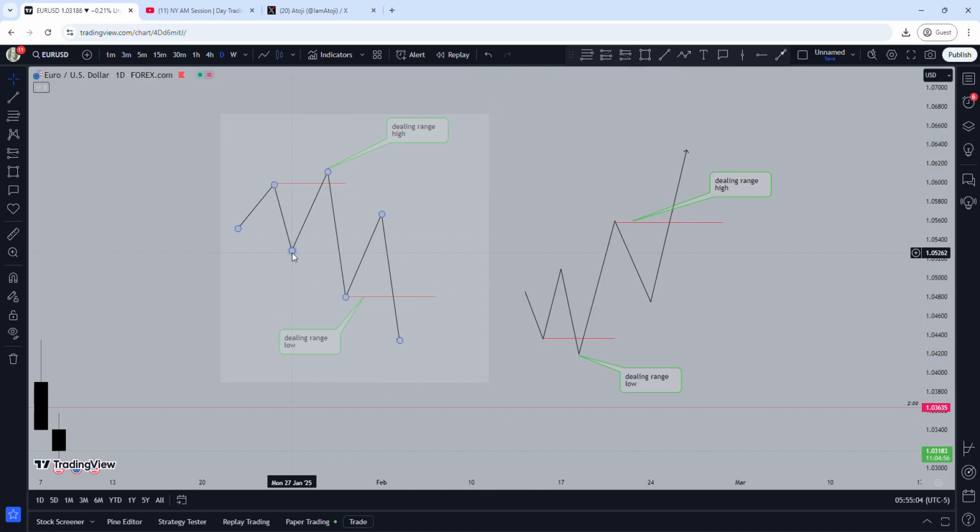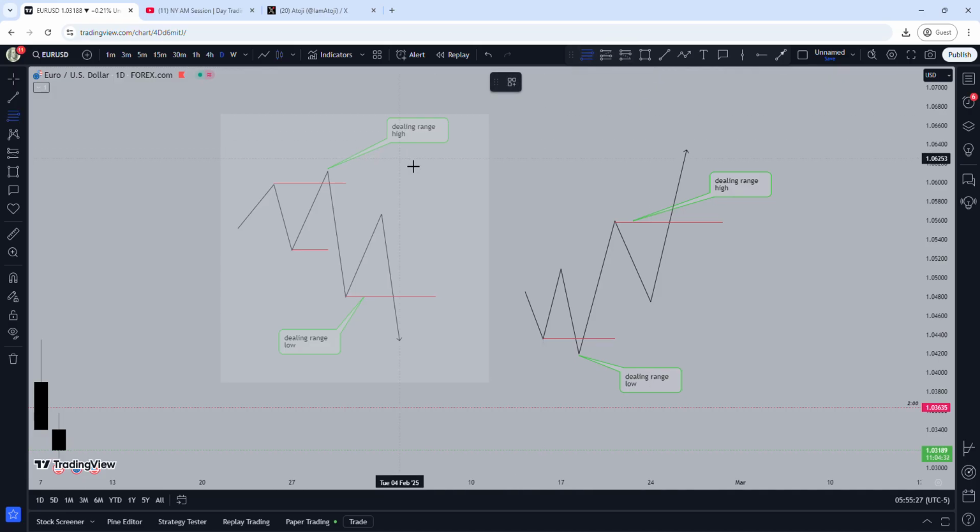If we come down here and then take out the previous high, the high that took out this previous high becomes the dealing range high, which is the protected high, and then it displaces below this low. This becomes the dealing range low.